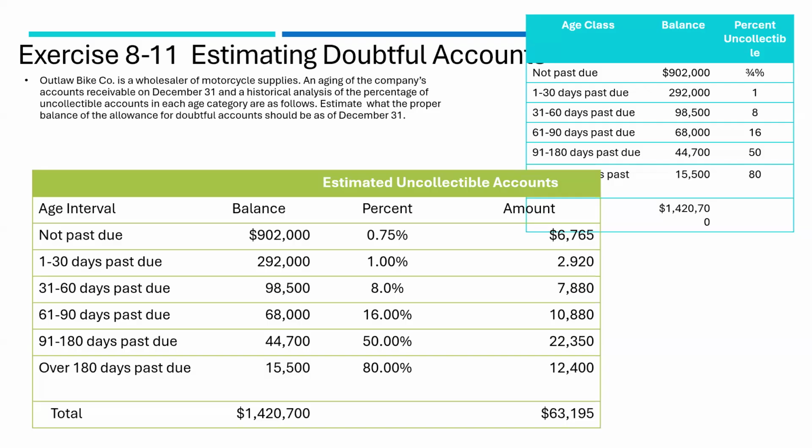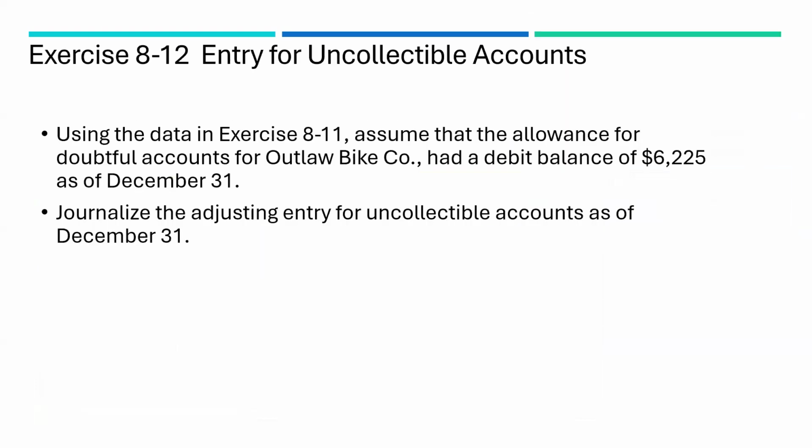And then let's see, our beginning balance is 6,225, and it is a debit. And so that's really important to note. I was about to write it down as a credit.